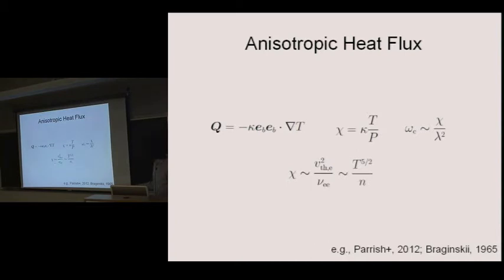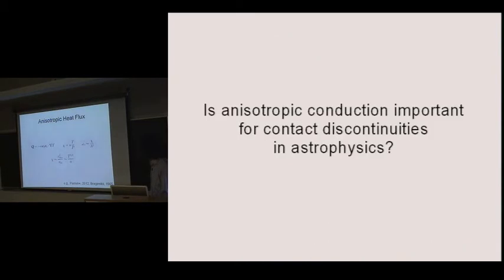And it turns out that the thermal diffusivity chi goes as T to the 5/2 over n. So this is an effect that's important when you're hot and when you're dilute. So this is why I was talking about dilute plasmas, plasmas in which this effect is important.